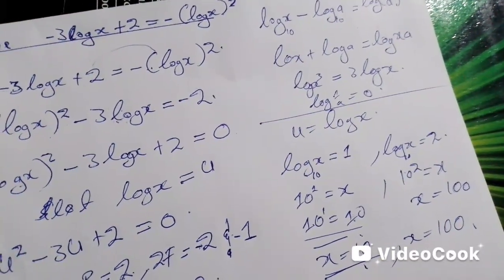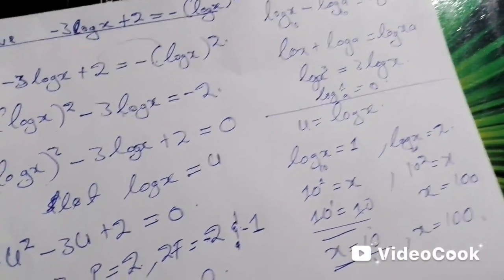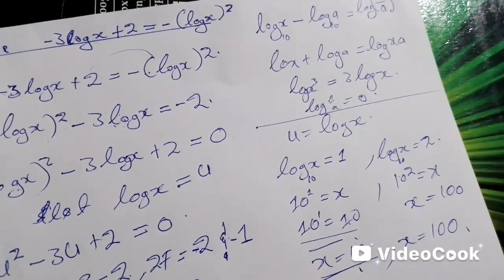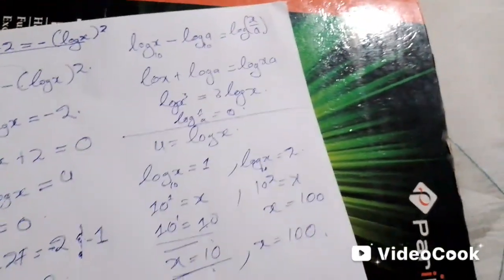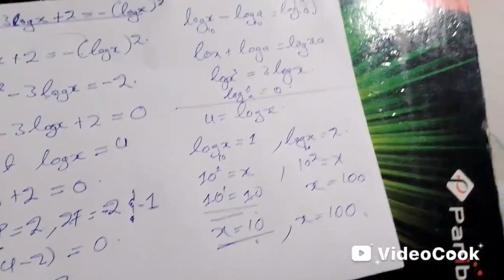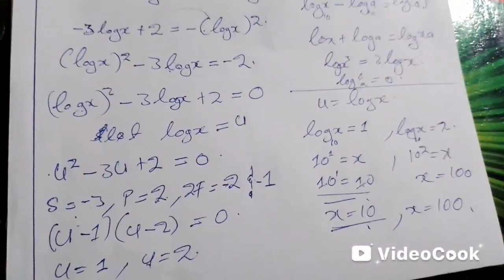And log 0 doesn't exist, because no power of the base can give 0. So let's just stick to those rules that we have there, and that's our answer for that.